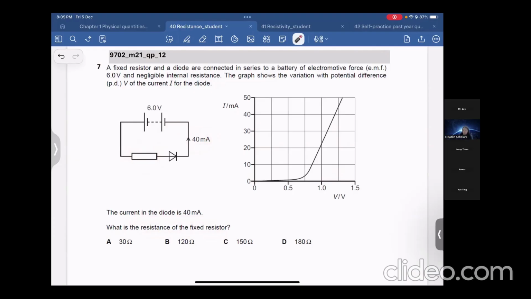So from here, what information can you get? Then after that, how do you solve, and how do you find the resistance? Can you guys try?